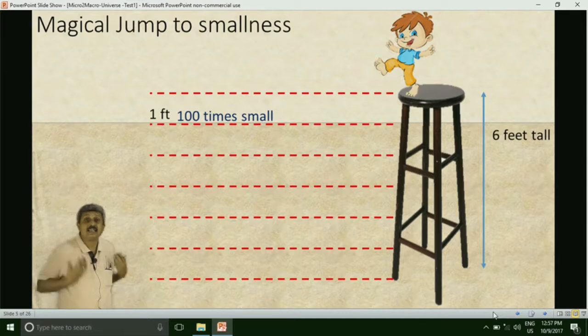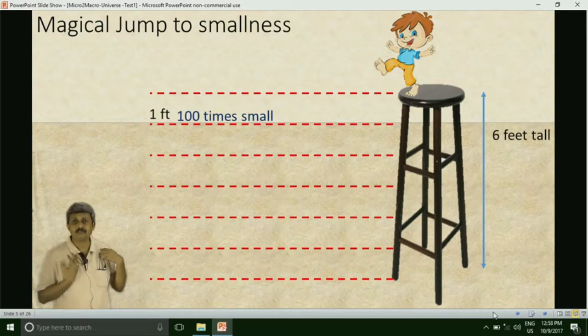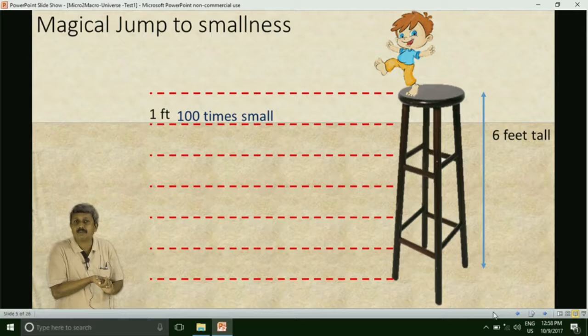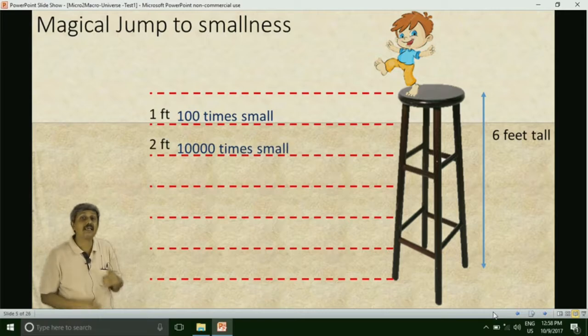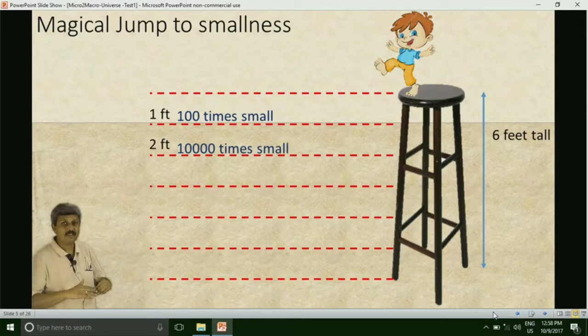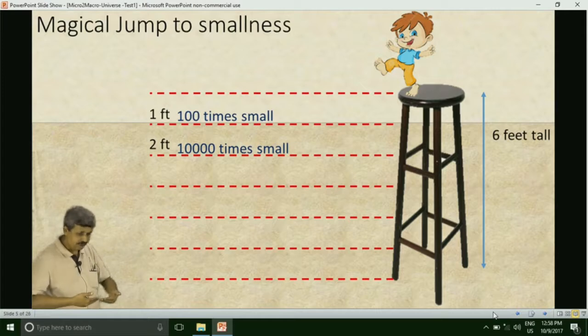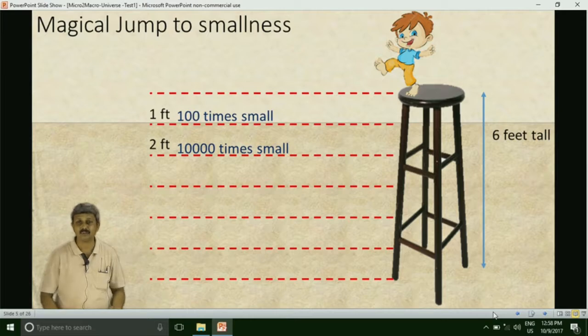Let us say our magical jump takes us 100 times smaller. We are like this and we become 100 times smaller. So very thin, very small. So what do you see then? The moment you go 2 feet down, you become 10,000 times smaller. That means at every foot, if you go down, you get 100 times smaller than the previous. 100 of 100 is 10,000.